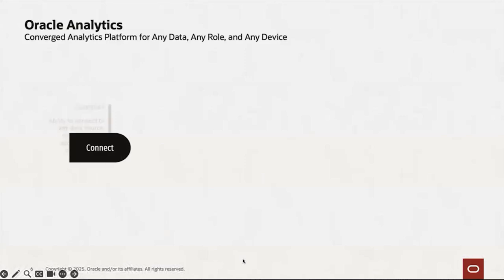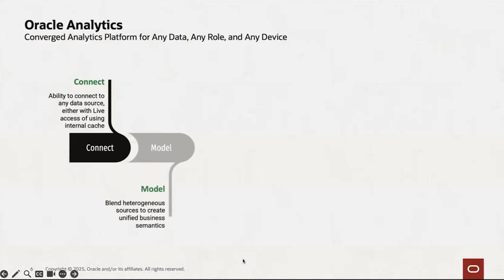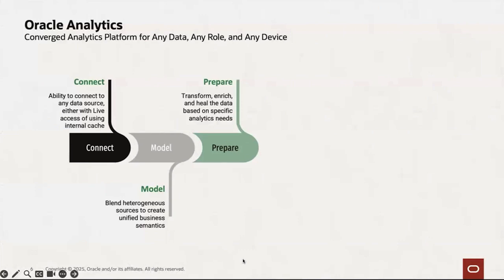So in Oracle Analytics, I want to take you through a holistic view of the analytics workflow that you can see from this diagram. So we start with more technical tasks like connecting to relevant data sources or maybe modeling the physical sources into logical business views. And then we can allow for data prep and data enrichment.